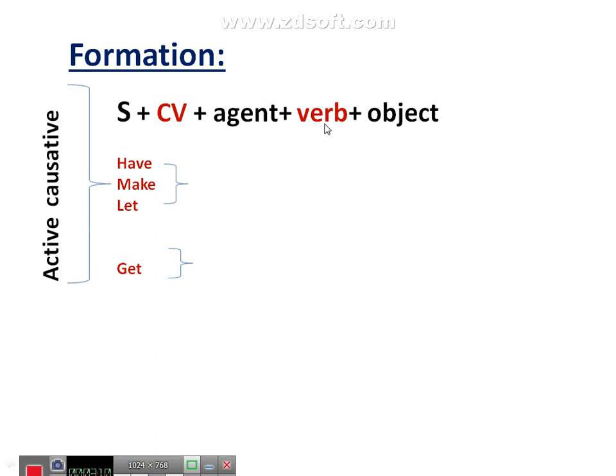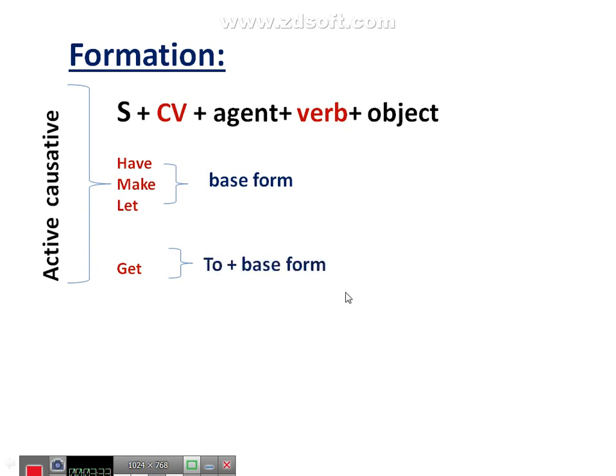After that we use the verb. After have, make, and let, we use the verb in the bare infinitive or base form without any addition, like eat, mend, fix, and so on. But after get, we use the verb in the full infinitive, to plus the base form of the verb.